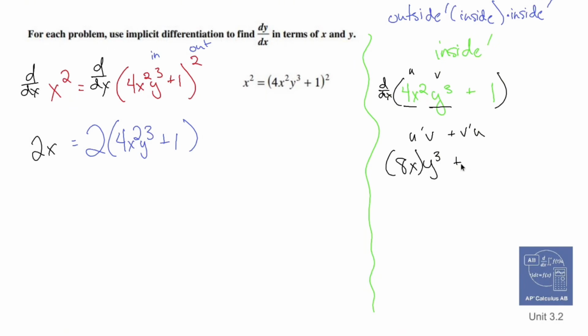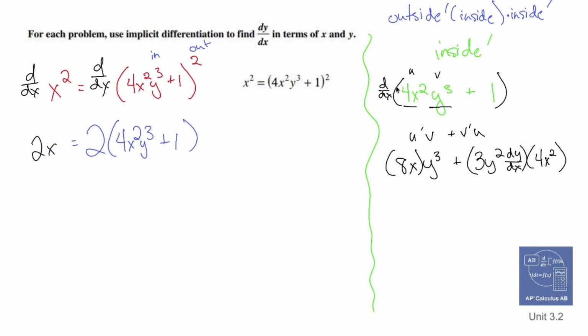The derivative of v is going to be the derivative of y cubed with respect to x. That's going to be 3y squared, but since we're taking the derivative of a y, you attach dy dx to it. Multiply that to u as is, so 4x squared.